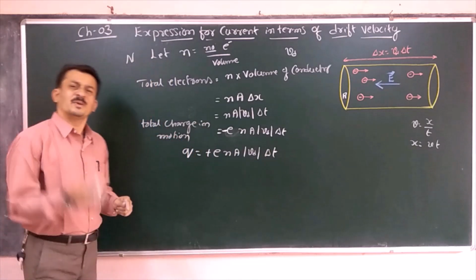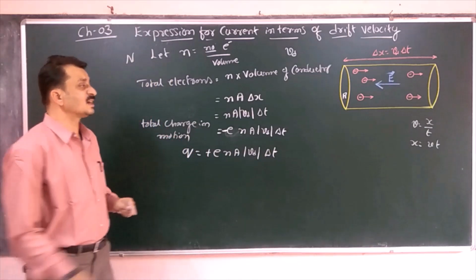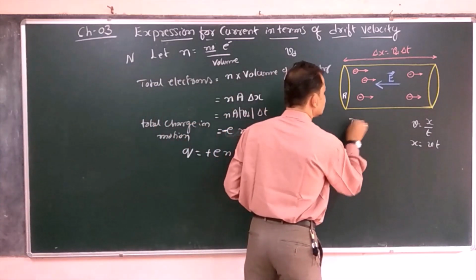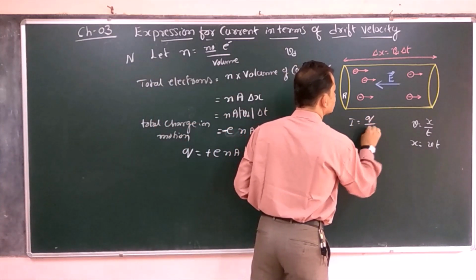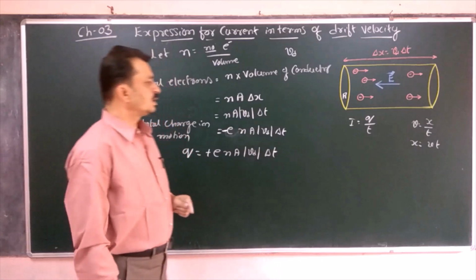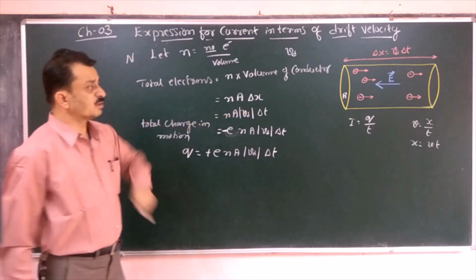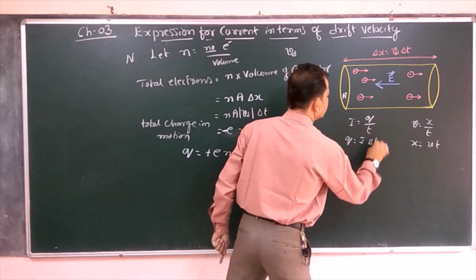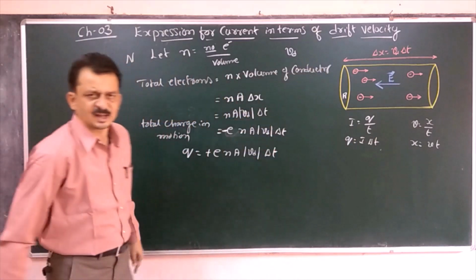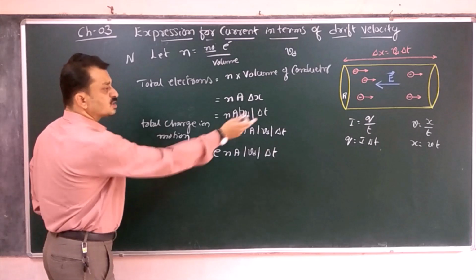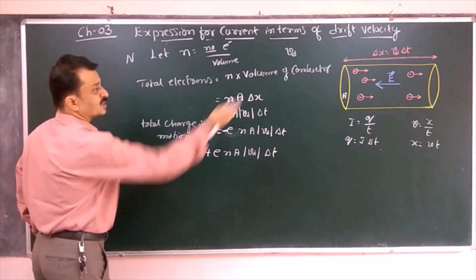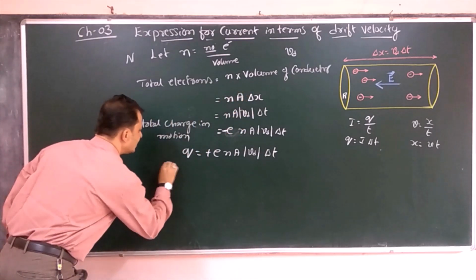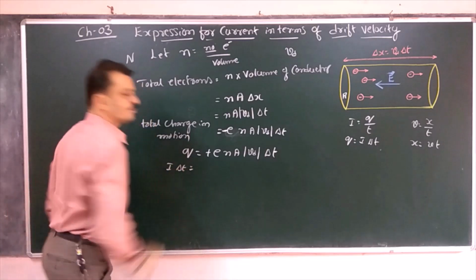Okay. Now by the definition of electric current, what is electric current? The electric current I is equal to Q by t, a simple definition we know. So based on that, what is Q? Then obviously Q is I into, in this case, delta t. Therefore the charge moving in the positive direction, that is in the field direction, is I into delta t.